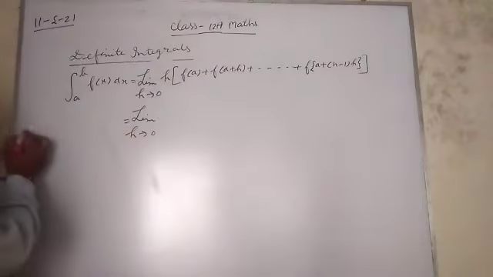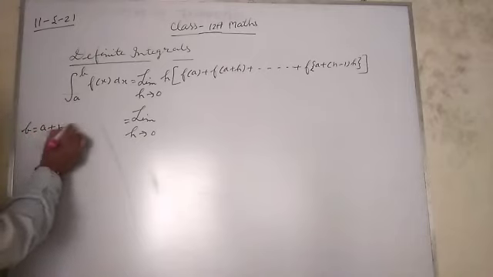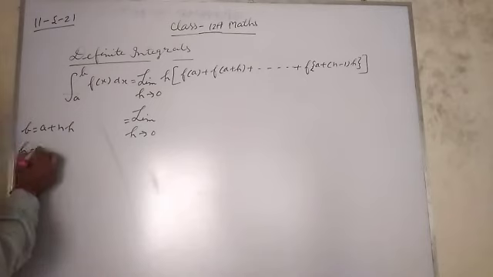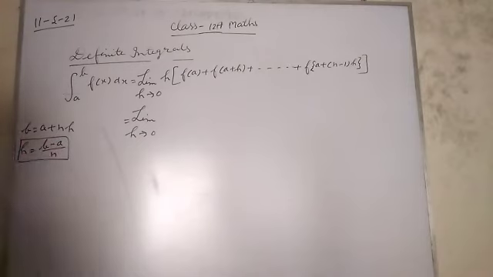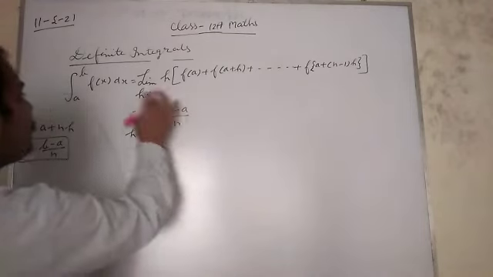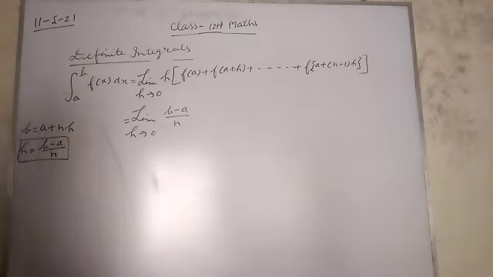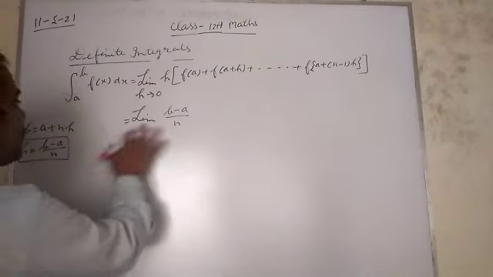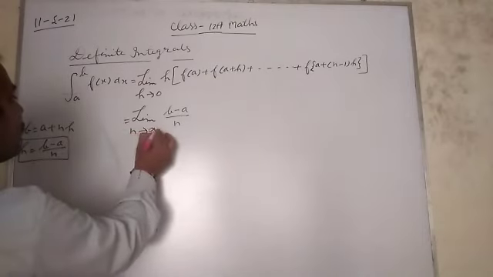And this formula can also be converted, you have studied that. b is equal to a plus nh, so from here h is equal to b minus a upon n. So in place of h you can also write b minus a upon n. But when you write h in the form of n, a and b are constants, so here n tends to infinity.